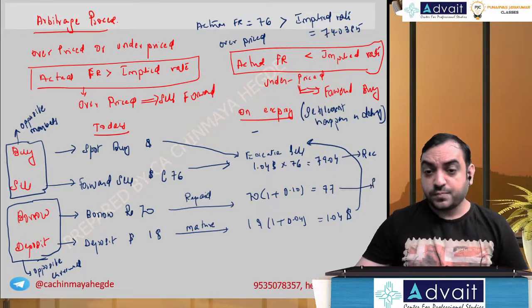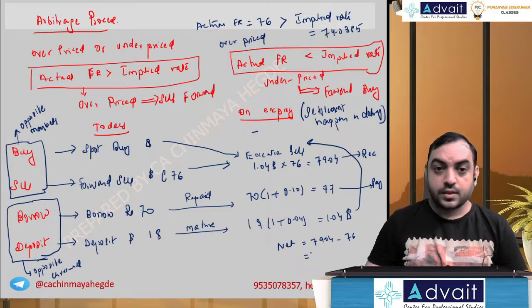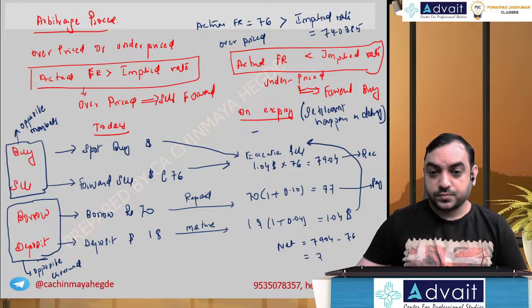That's what you pay. And the net profit is 79.04 minus 77, that is 2.04.